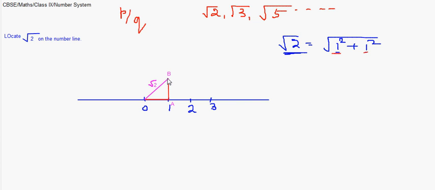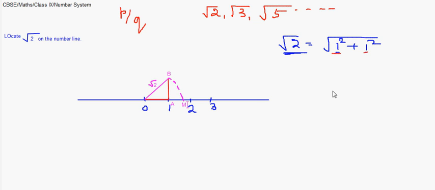You draw an arc taking OB as the radius that will intersect the number line at a point, let's name it M. Then this OM would represent root 2 on the number line.